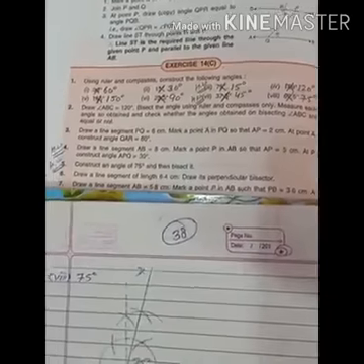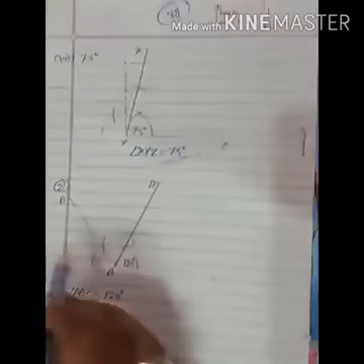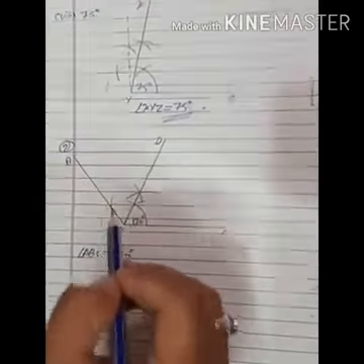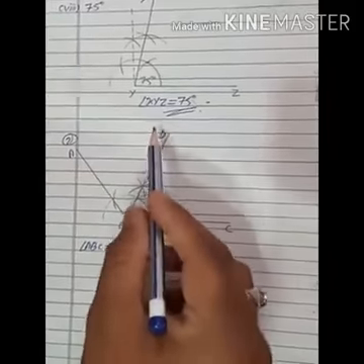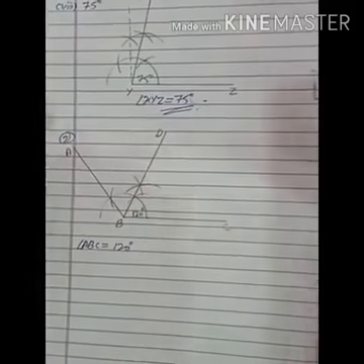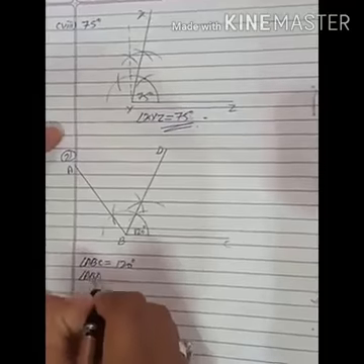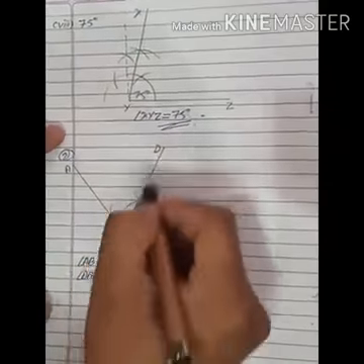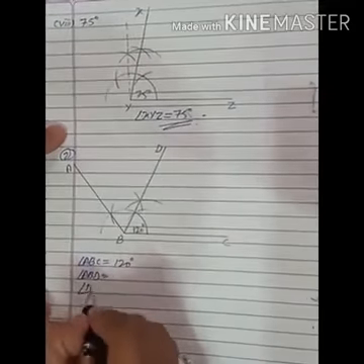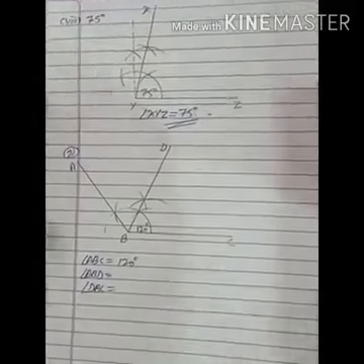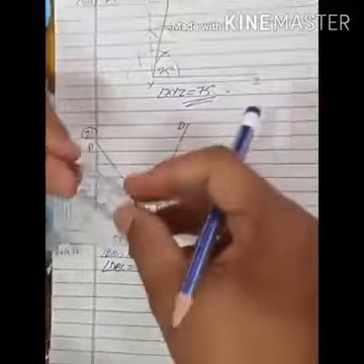So we will measure both the angles. We have bisected, we get two angles, angle ABD and angle DBC. Angle ABD means this angle. Then angle DBC we will measure with the help of protractor.